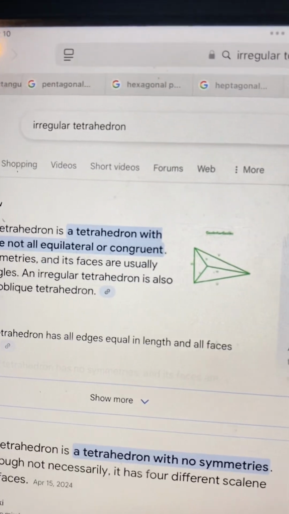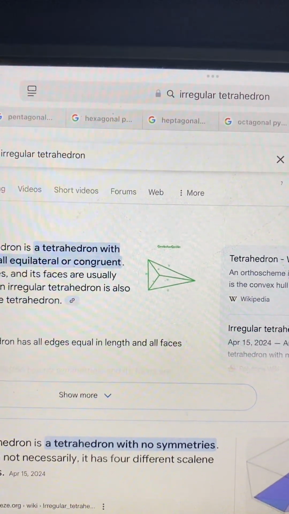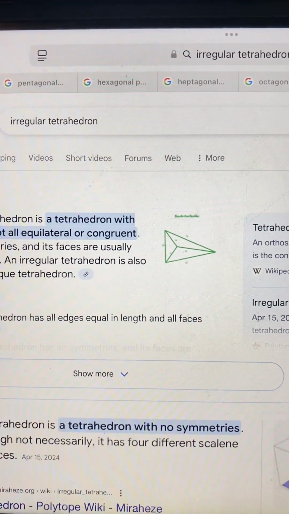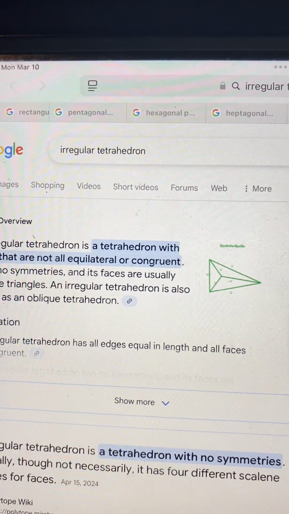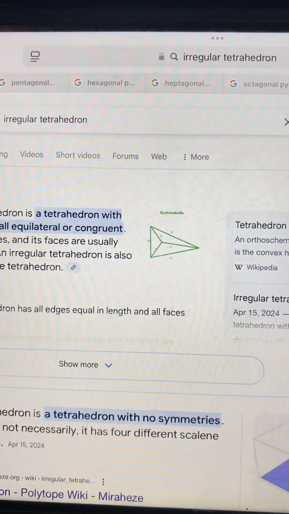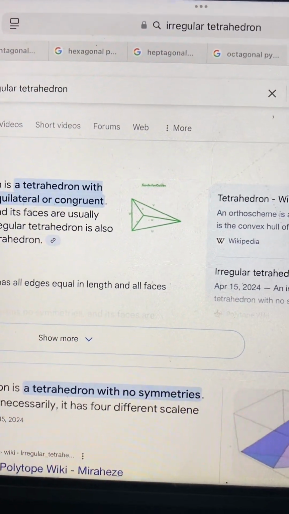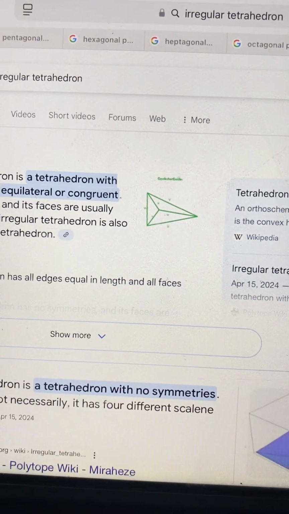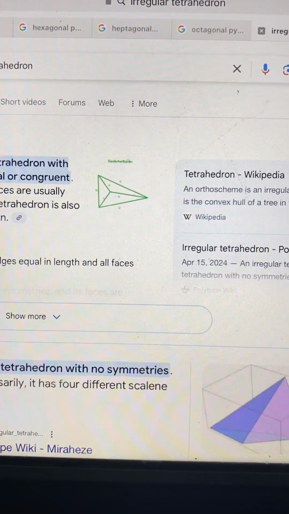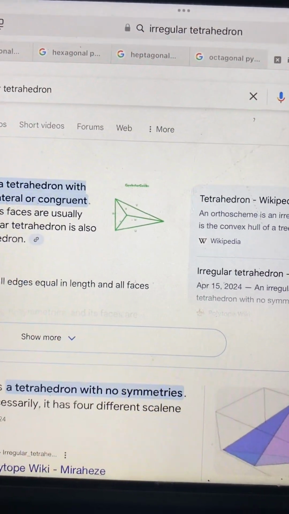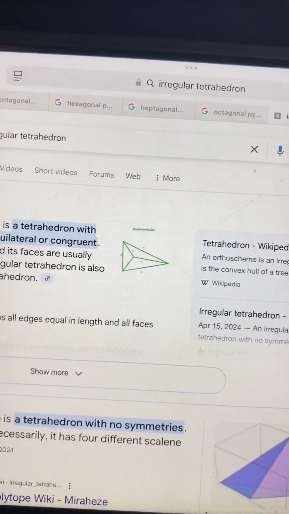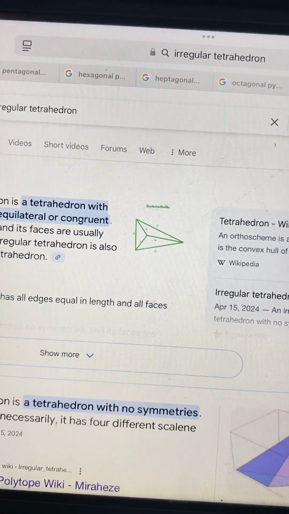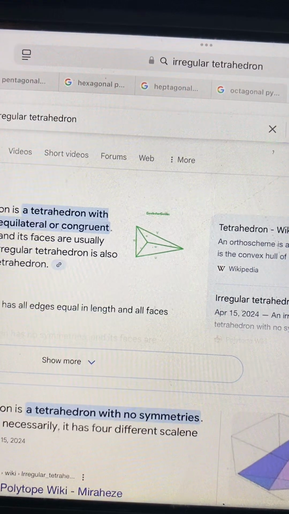So yeah, surprisingly, all triangular pyramids are tetrahedrons, because a tetrahedron implies that it has 4 triangular faces that add up to make the pyramid. But not all of them are regular tetrahedrons. Be careful, a regular tetrahedron is a triangular pyramid where all the faces are equilateral.